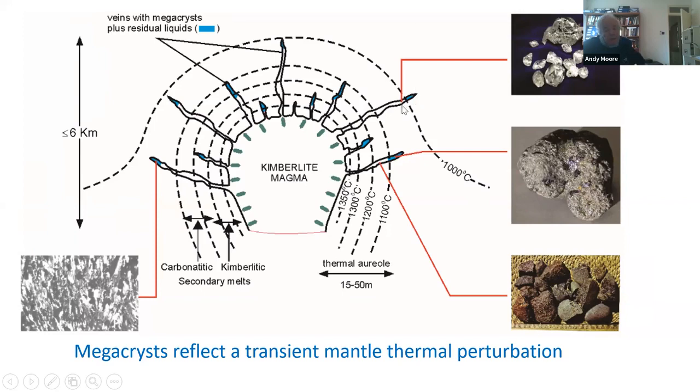Oh, sorry, I didn't point out, Dan Schulze has pointed out that the megacryst suite, the low temperature megacrysts, would be above the solidus, and he's noted that there would have been residual liquids left following megacryst fractionation.